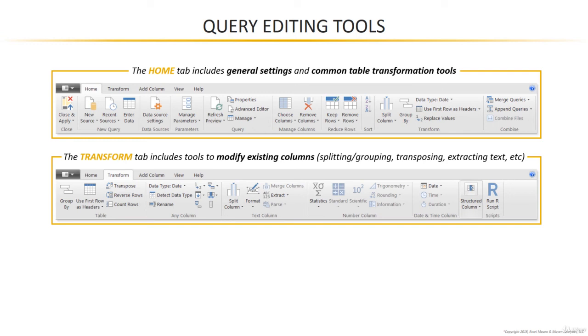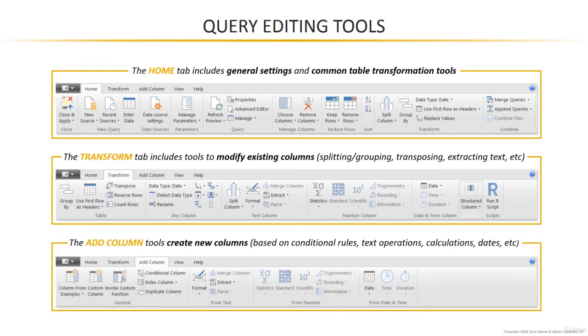You can split or group columns, you can transpose your table, extract text, etc. And then finally, the Add Column tools actually create brand new columns in your table. And you can define those new columns based on things like conditional rules or text operations, calculations, date operators, etc.